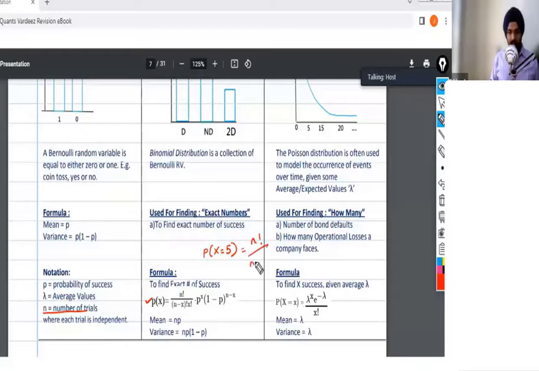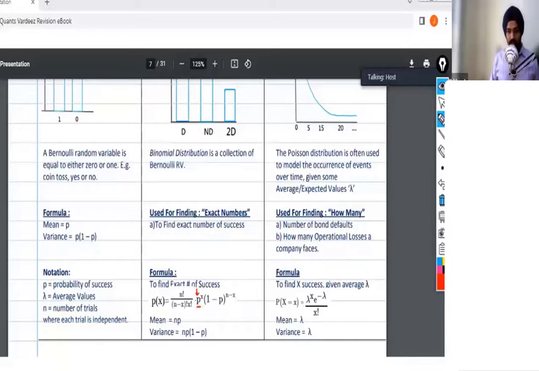Then n minus x, where x is something that you want, which is 5. So n minus 5, multiplied by x factorial, which is 5 factorial. Then multiplied by p, the probability of success, to the power x, times 1 minus p to the power n minus x.